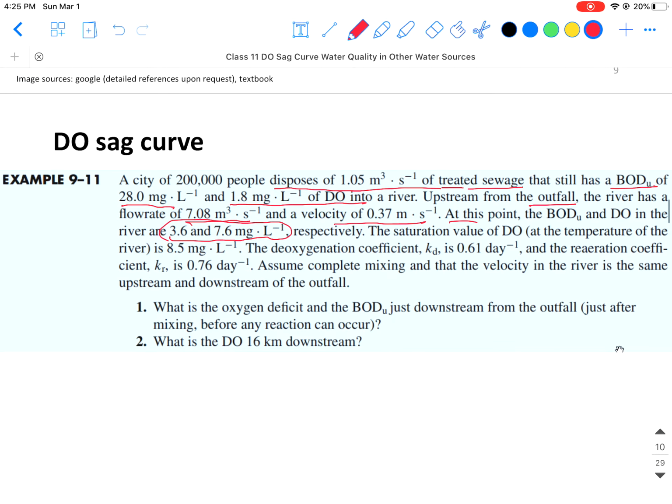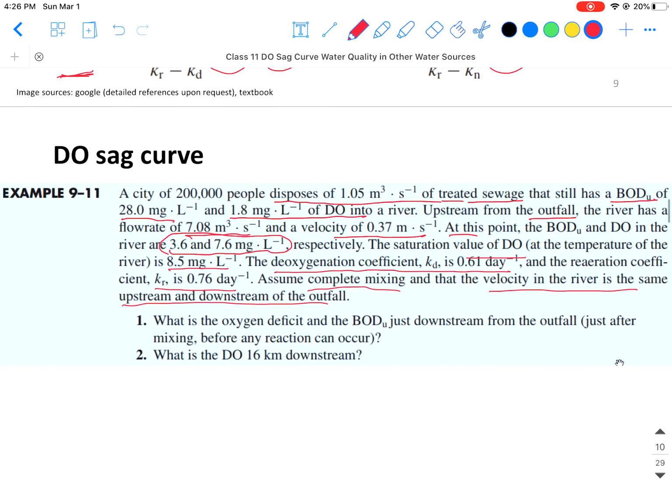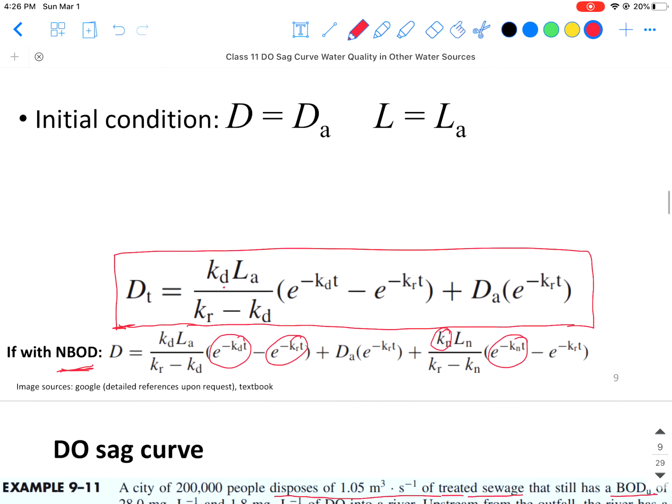It also provides us the saturation value of the dissolved oxygen, the kd, and the aeration rate. We can also assume that there's complete mixing and that the velocity in the river is the same upstream and downstream of the outfall.